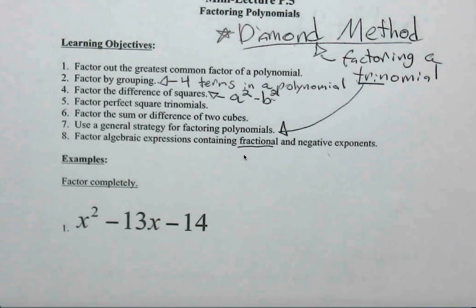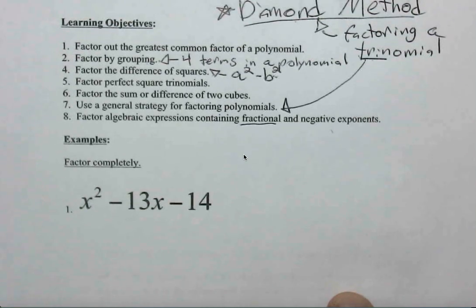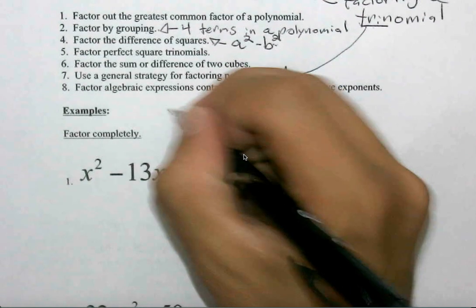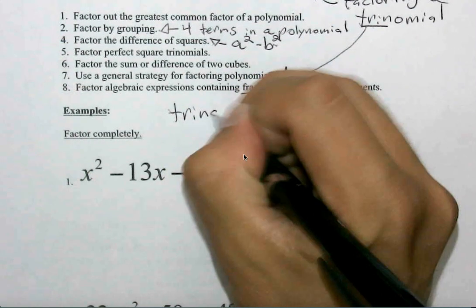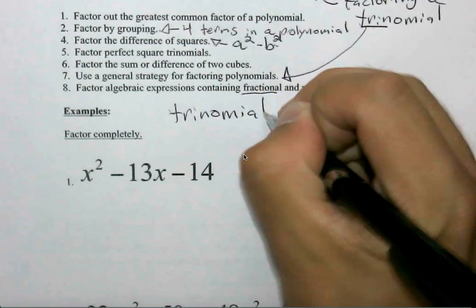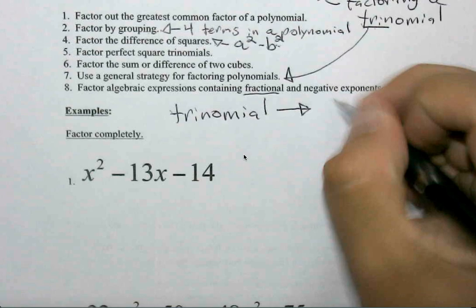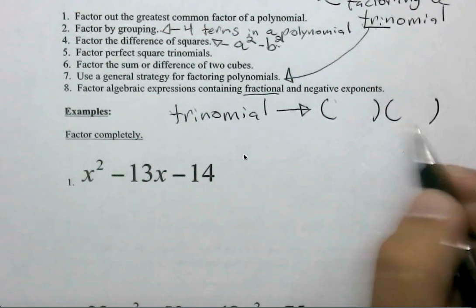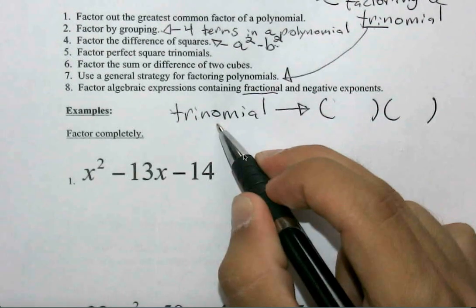So going into what, in my eyes, is a pretty basic trinomial to factor. So again, the whole idea with factoring is that we're trying to rewrite and go from some trinomial to 2 binomials that, when multiplied together, get us back to the original trinomial.